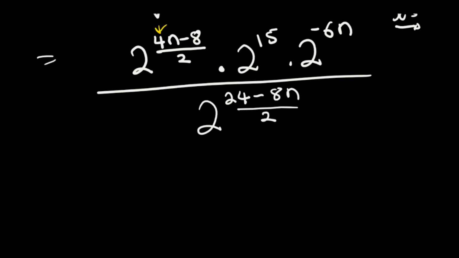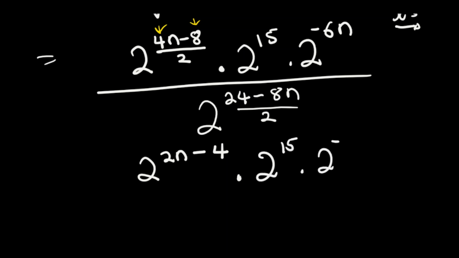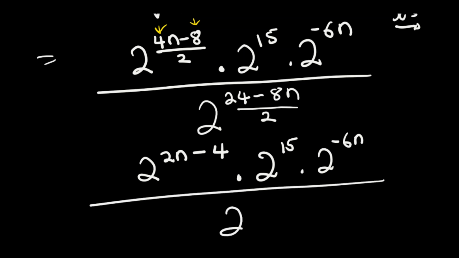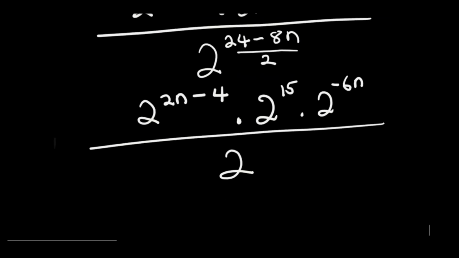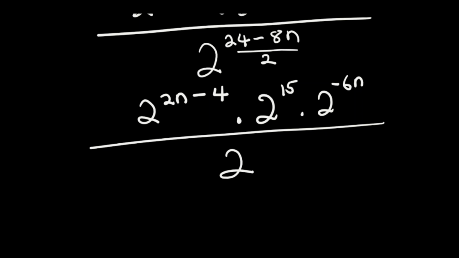Here 4 divided by 2, 4n divided by 2, and then 8 divided by 2, we're going to get 2 to the power of 2n minus 4, right? Multiplied by 2 to the power of 15, multiplied by 2 to the power of minus 6n, right? Divide by 2 to the power of, so it's 24 divided by 2, it's going to give you 12, right?